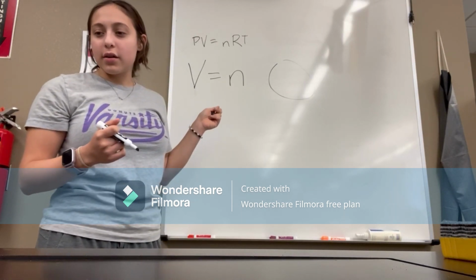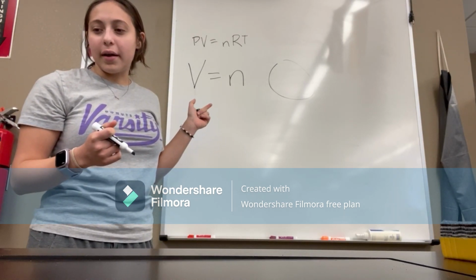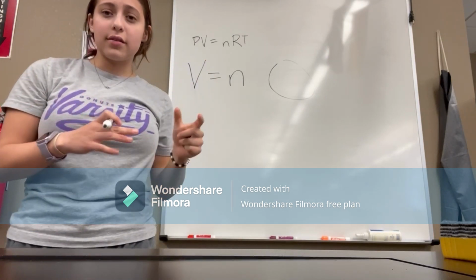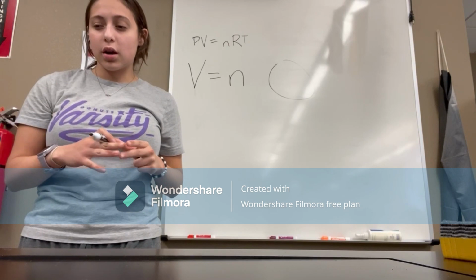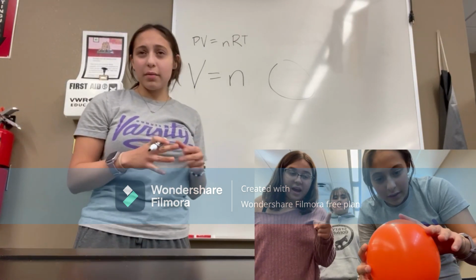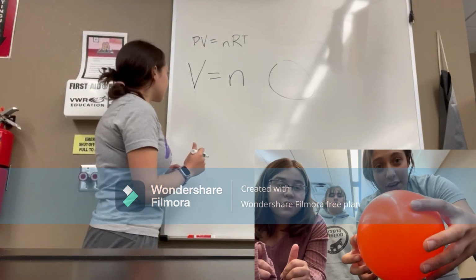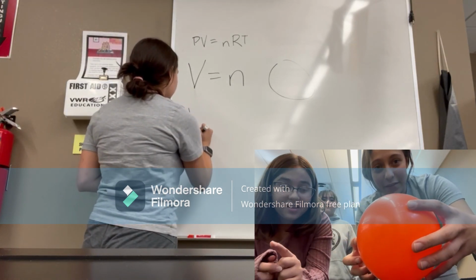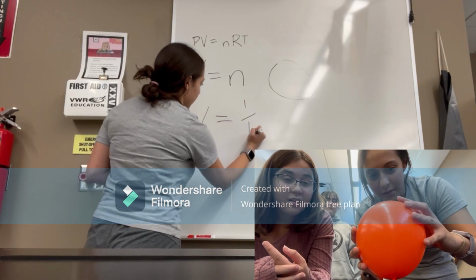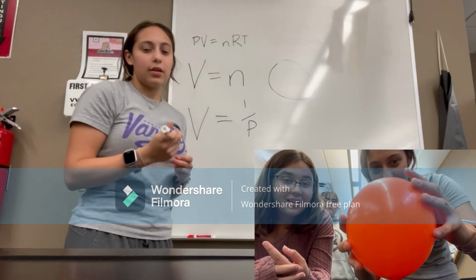And then for the next part, I'm going to explain Boyle's law, and that is the part with the pressure of the balloon. Basically, volume is equal to the inverse of the pressure.